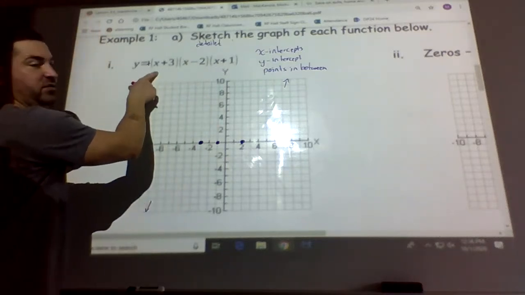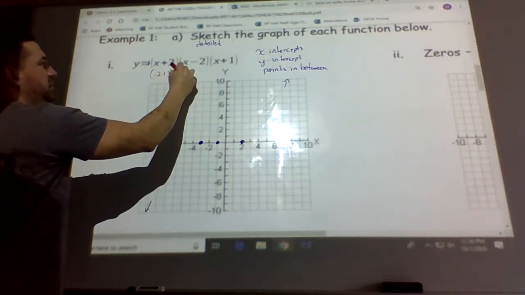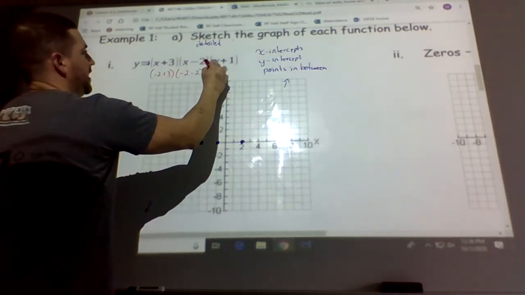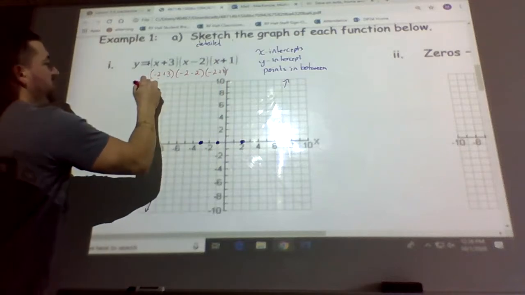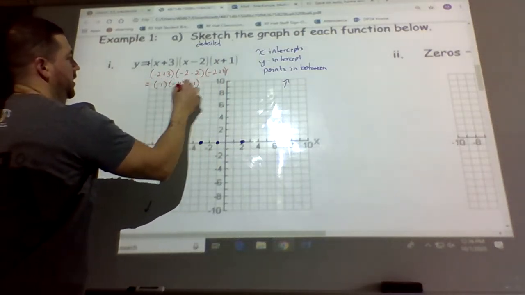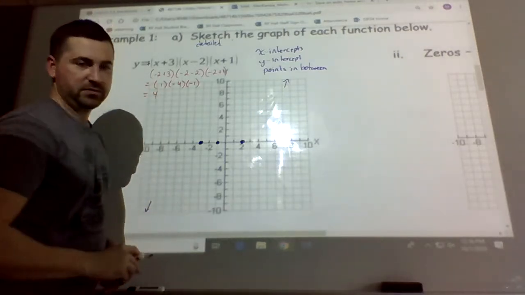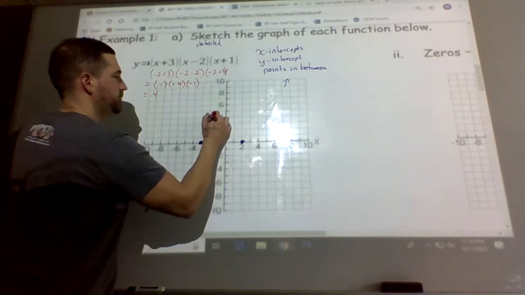So we're going to plug in -2 first. So -2 plus 3, -2 minus 2, and -2 plus 1. That gives us 1 times -4 times -1, which gives us +4. So our point is -2 and 4.